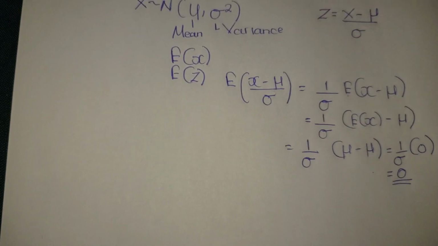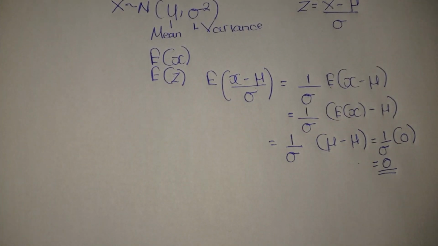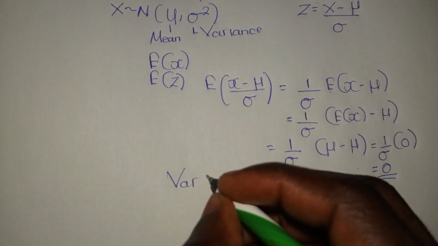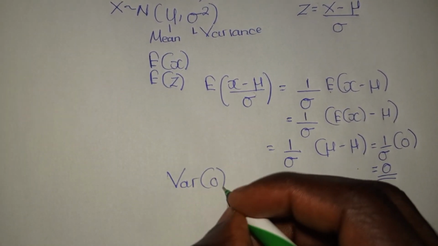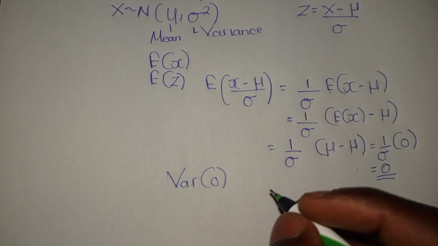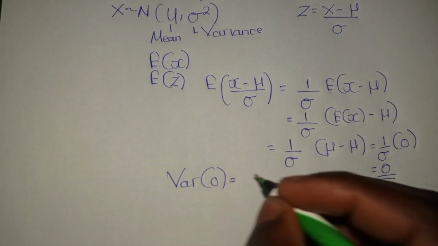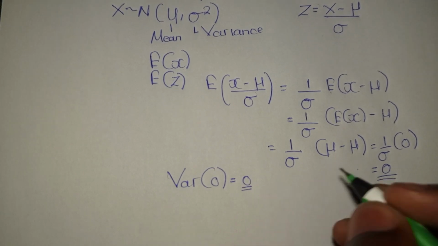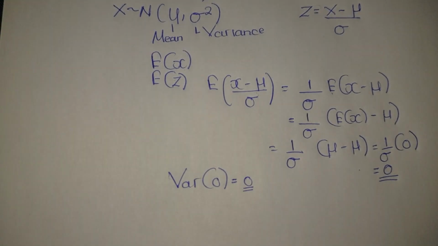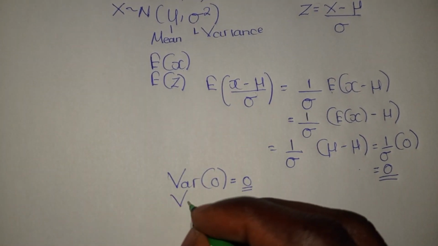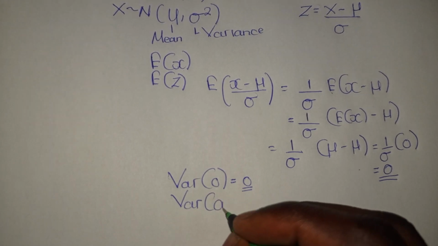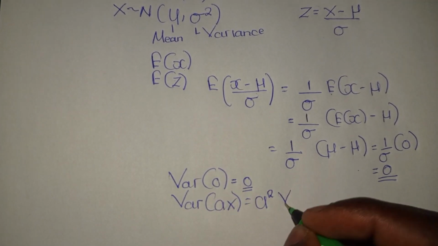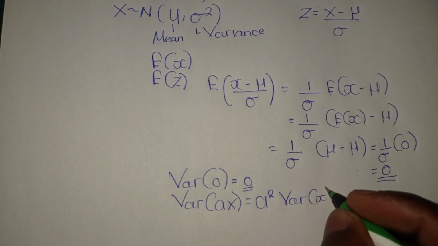Remember, under variance, in the properties from our first video, we said that the variance of any constant is 0. There is no variability in a constant number. And we said that the variance of aX is a squared times the variance of X.